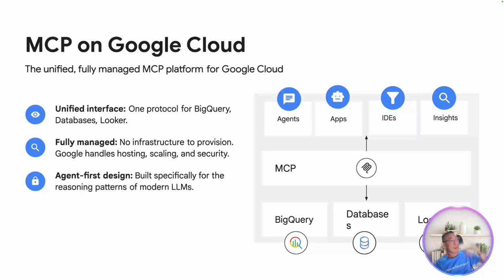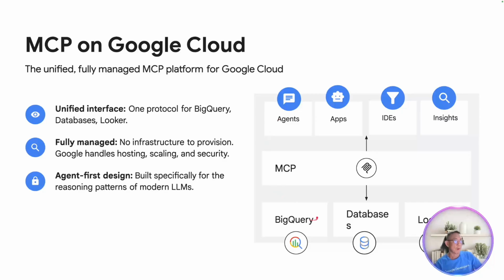Okay, so MCP on Google Cloud. MCP is not just something you access locally; you can also access all your applications through GCP. In GCP, there is a fully managed MCP for Google Cloud.